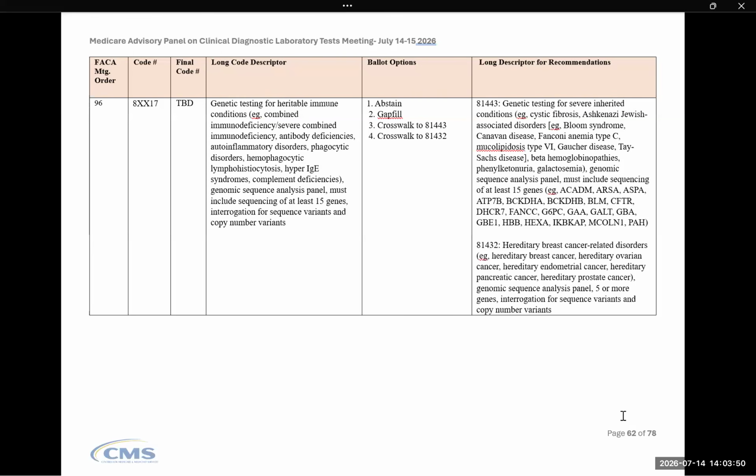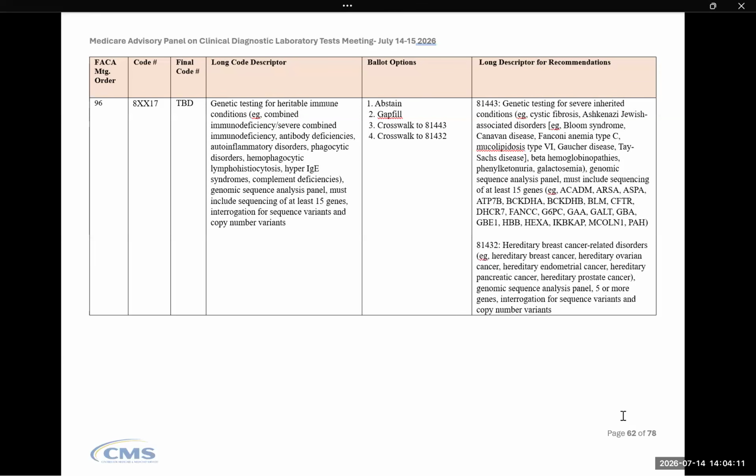The rationale is one of methodology and resources. 81432 is a defined multi-gene germline sequencing panel that likewise includes both sequence variant and copy number analysis. So the laboratory work and reagents are comparable regardless of which disease genes are interrogated.